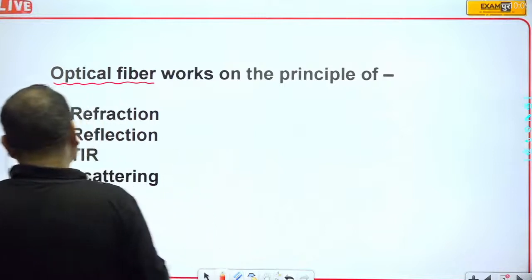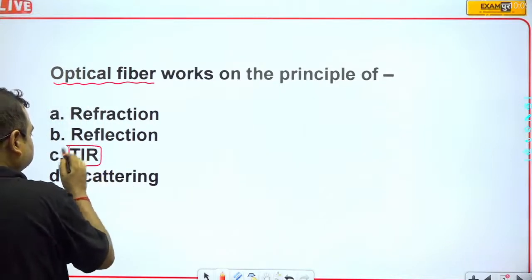So guys, the total internal reflection here, this is the correct answer.